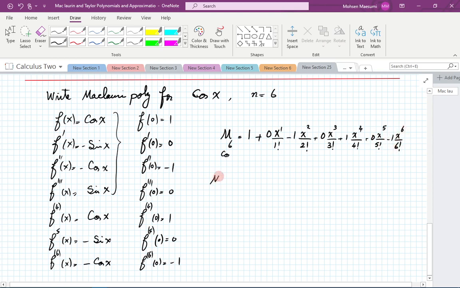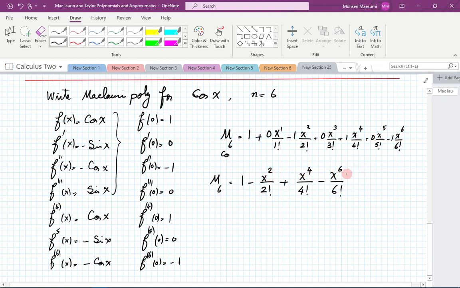We clean this up. M6, 1 stays. The other ones simplify to x^2 over 2 factorial, x^4 over 4 factorial, x^6 over 6 factorial. And if you wanted more terms, well, you keep writing. You see that there is a very nice pattern to this. First of all, the signs alternate: plus, minus, plus, minus. For cosine, we only have even exponents.